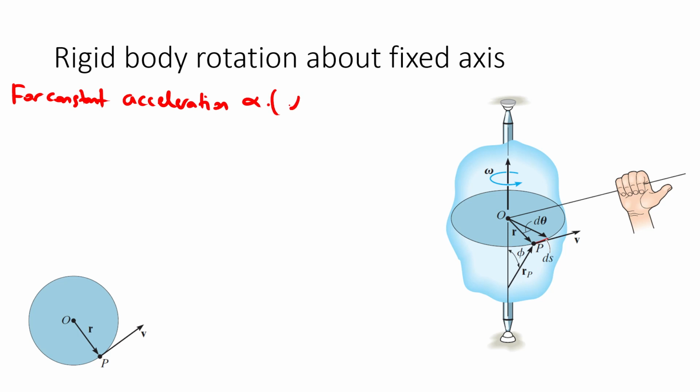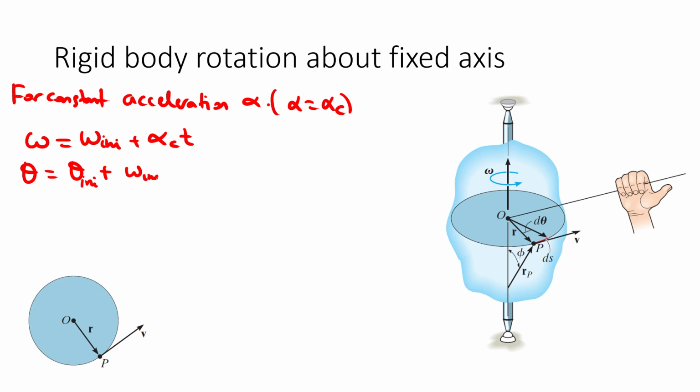In that case alpha is alpha c, and omega is omega initial plus alpha constant times t. Then theta is theta initial plus omega initial times t plus one half alpha c times t squared.